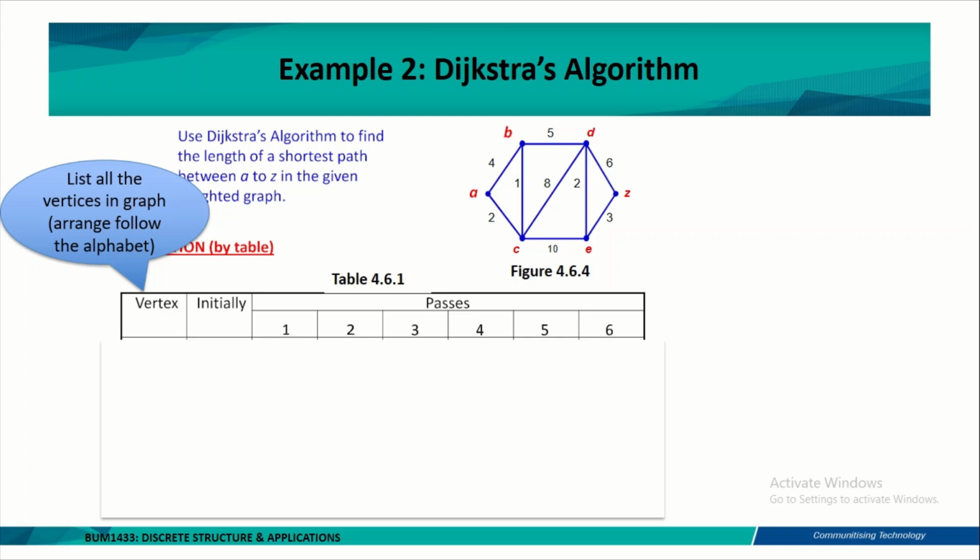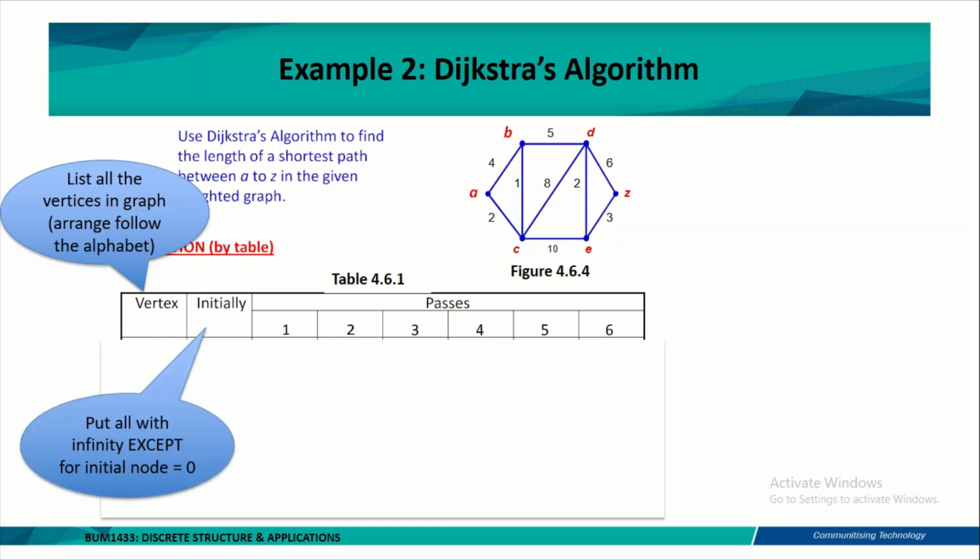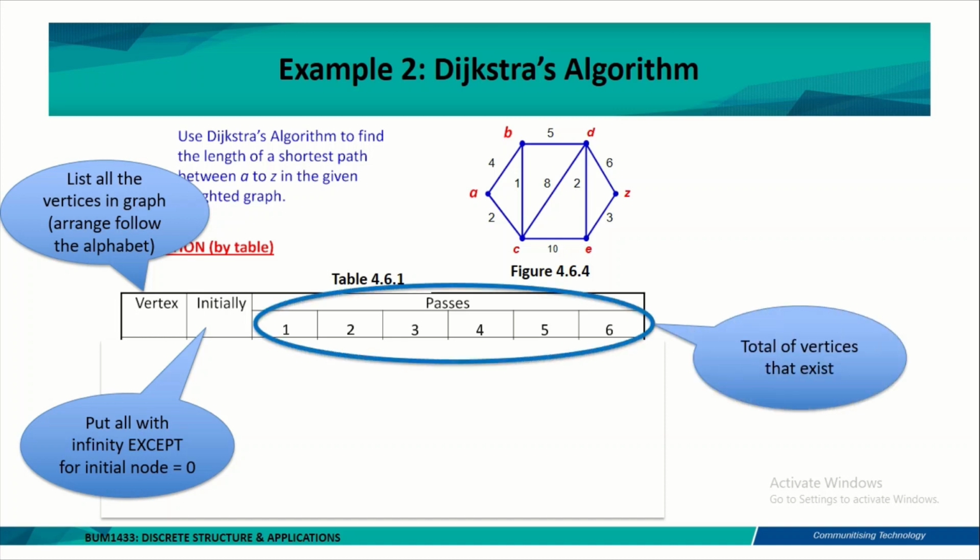Since we have vertices A, B, C, D, E, Z, we arrange them in alphabetical order. In the second column, initially we put infinity for all except the initial node, which is 0, and the rest are infinity. For the third column, we have the paths, and we have 1 2 3 4 5 6.